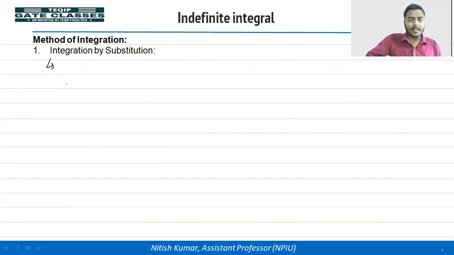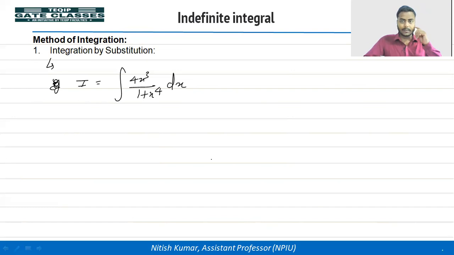So let's understand this method by example. Suppose we have to calculate the integral of 4x cube divided by 1 plus x to the power 4 dx with respect to x.